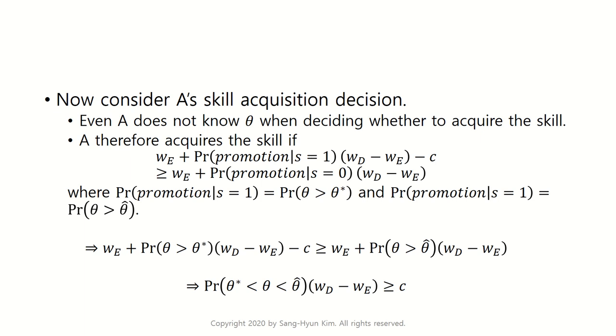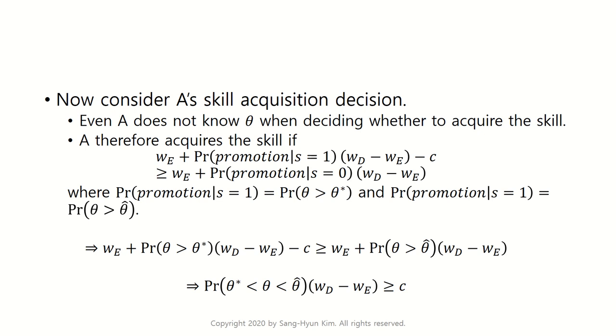So the additional benefit of making an investment is the probability that theta is between theta star and theta hat times WD minus WE, which is the additional wage. So that's the benefit, and on the right hand side we have the cost, the investment cost.